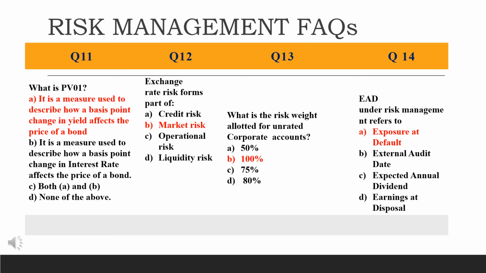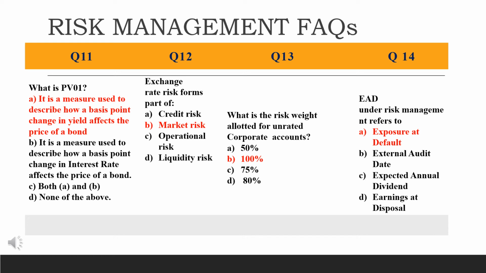So what's the answer here? The answer is A option, that is PV01 is a measure used to describe how a basis point change in yield affects the price of a bond. That is, modified duration measures the impact of a change in interest rate, not yield, on the price of a bond.